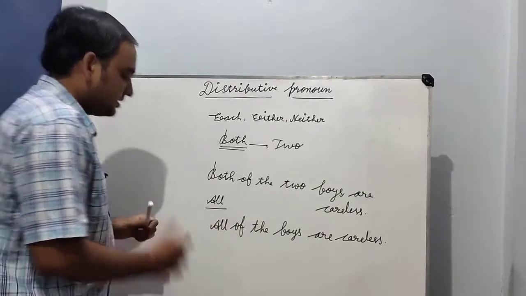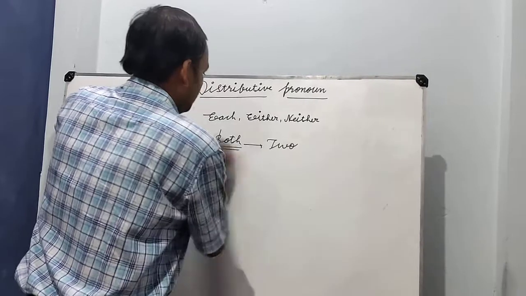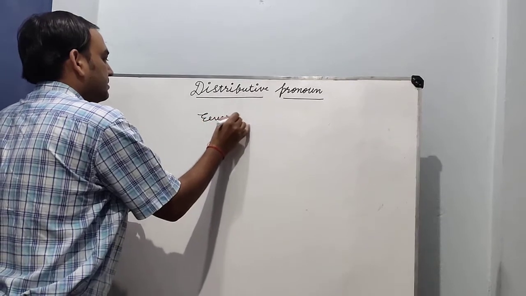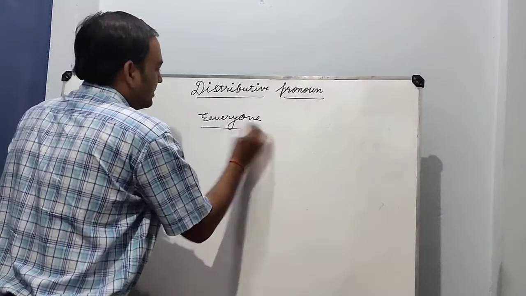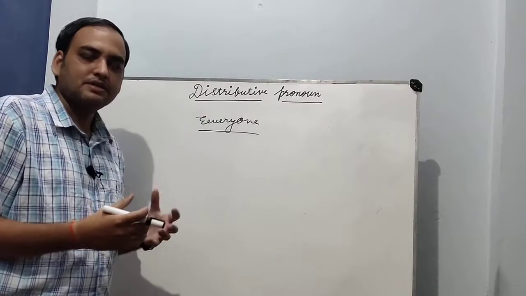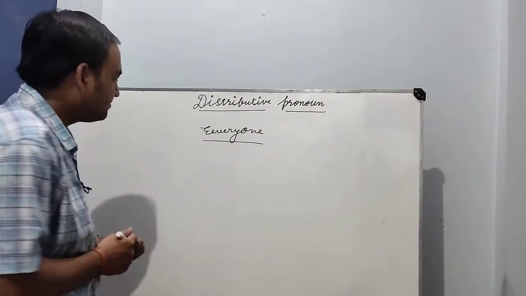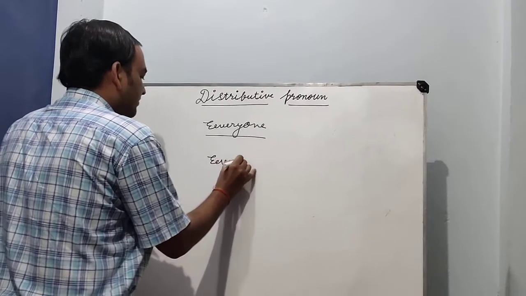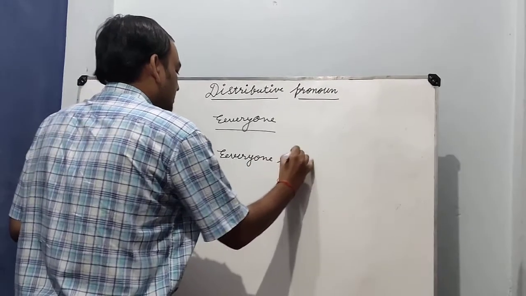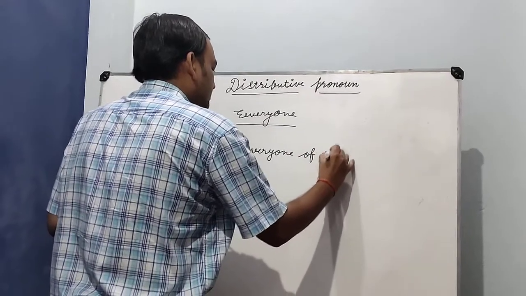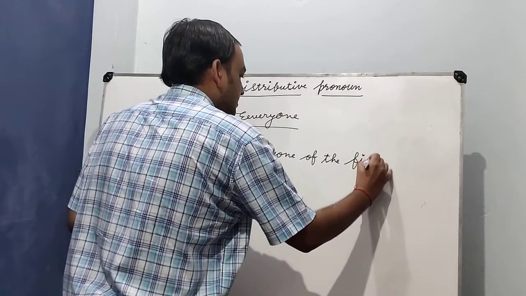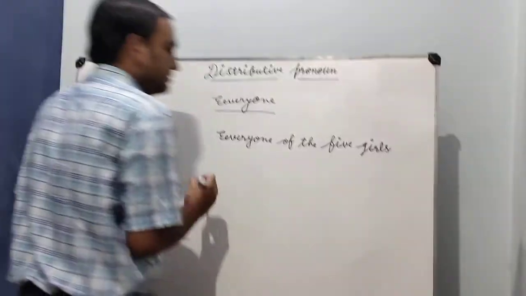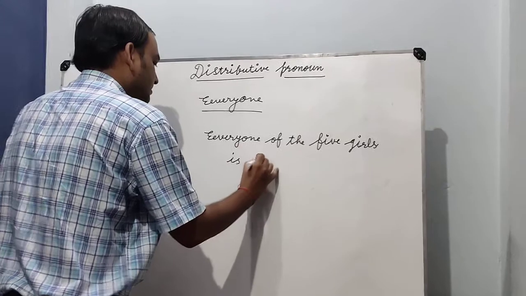And in the last, everyone. Everyone is also used for things or persons more than two. We will write here: every one of the five girls is beautiful.